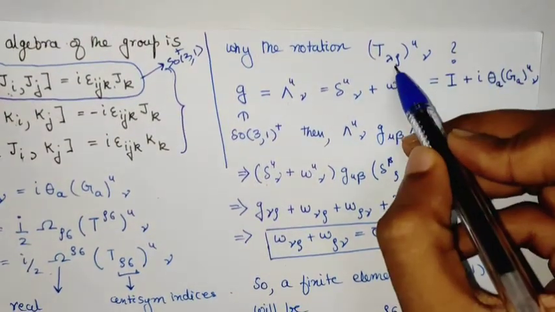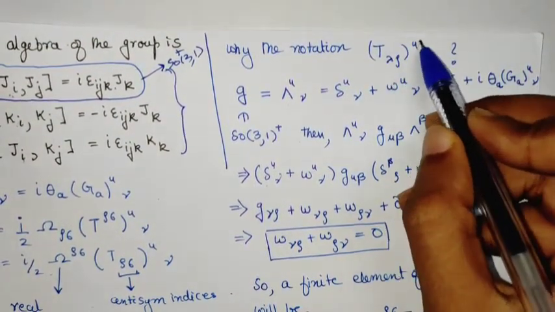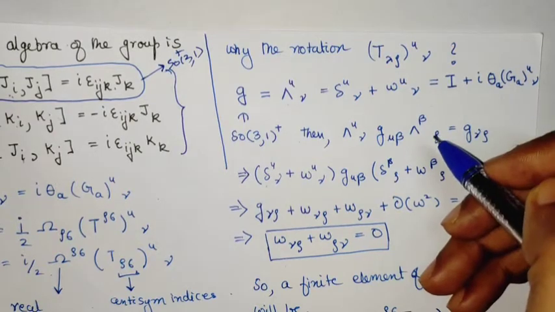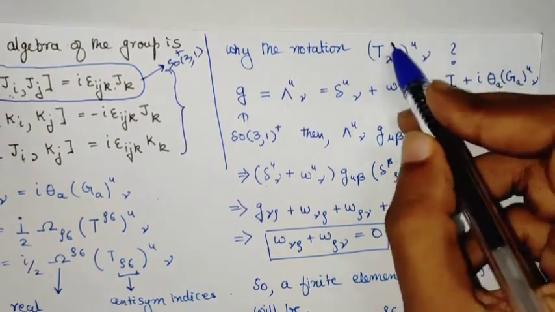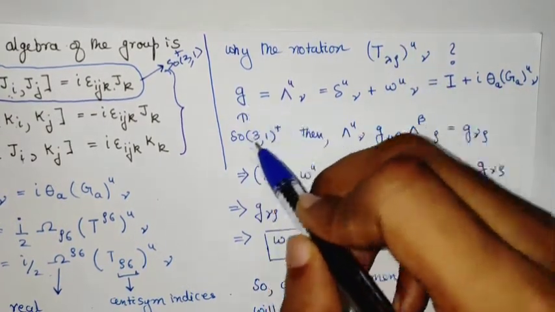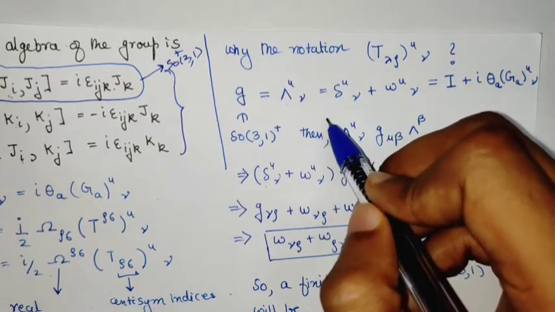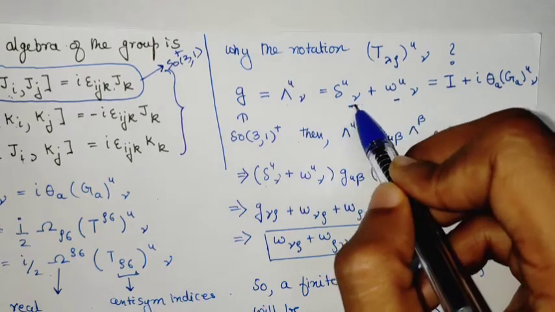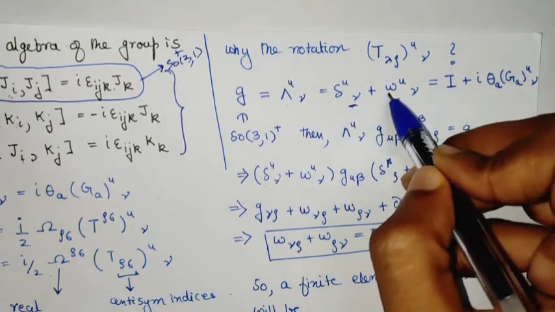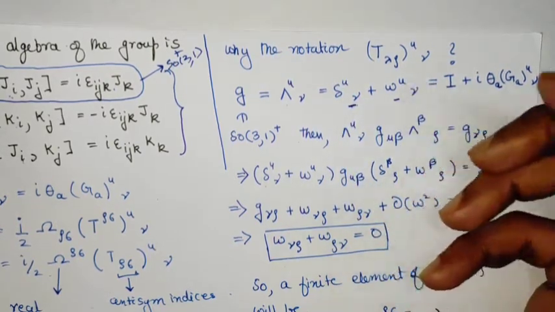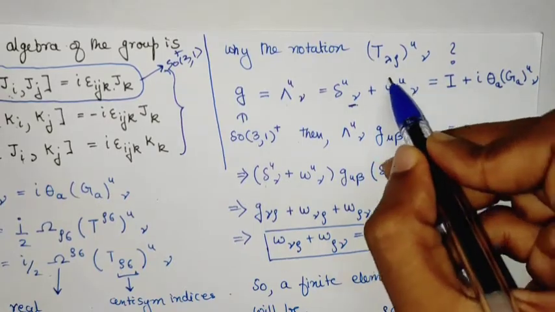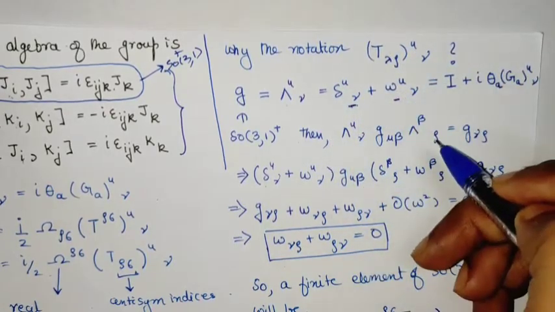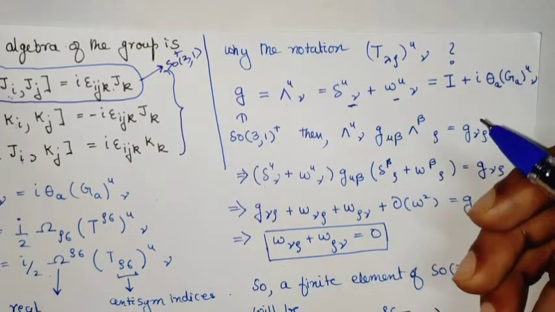With this understanding we further move to see why the notation of this form, this T lambda rho mu nu, why does this work? So the point is, any Lorentz group element can be written in this form, and you can expand it around the identity. So this is the identity element, this is like the second order expansion of the identity.